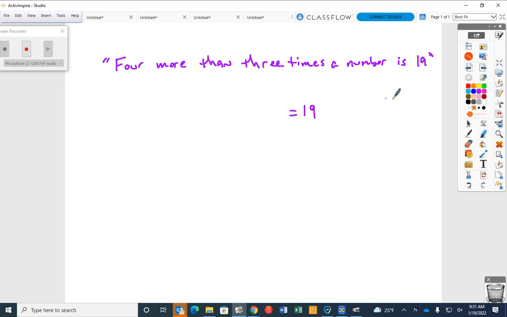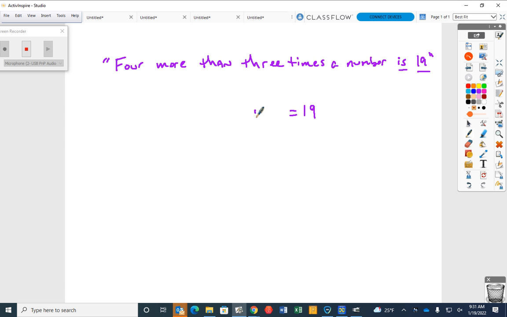You can underline or cross them out as you go. If you have a highlighter, you can highlight them. Now, this says 4 more than. What does more than imply? Addition. If we're doing 4 more than something, that's going to look like something plus 4.